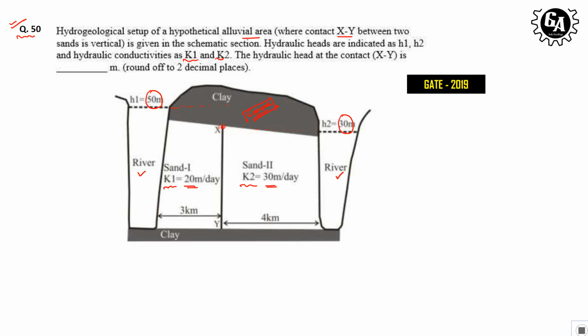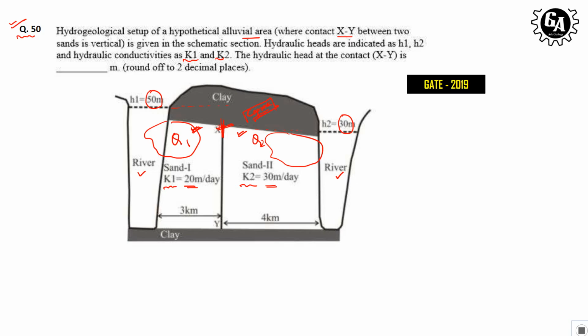At this XY interface, the flow, q1 and q2, will be the same, because we are considering this one system and this another system, and at the intersection the head will be the same.